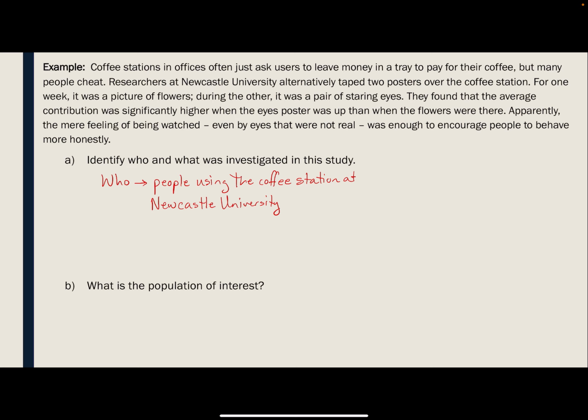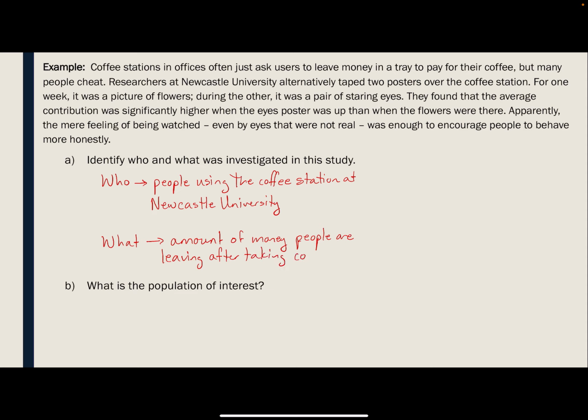And then what? What is being measured here? The what that is being measured is the amount of money that people are leaving after taking some coffee.